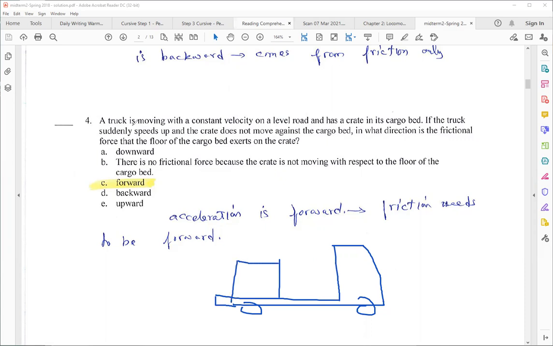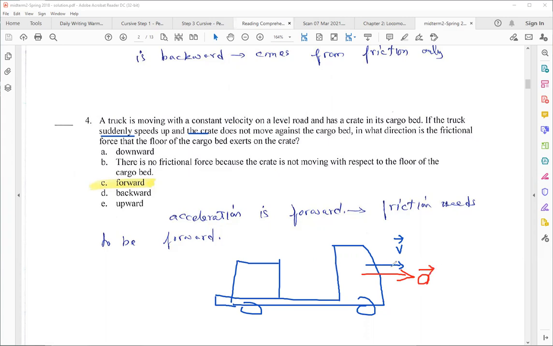Initially the truck is moving with constant velocity, like this, V. And what happens next is the truck suddenly speeds up and the crate does not move. Now, speeding up means what, Fatima? Speeding up means acceleration is forward.